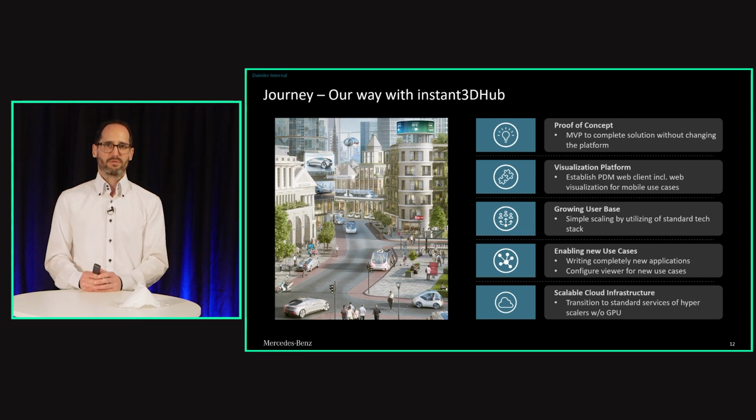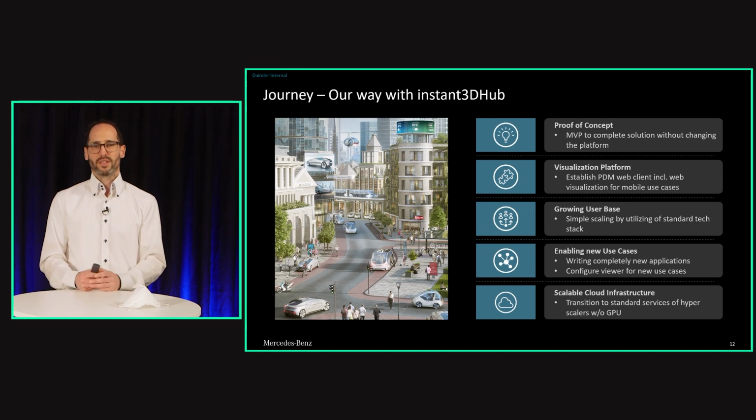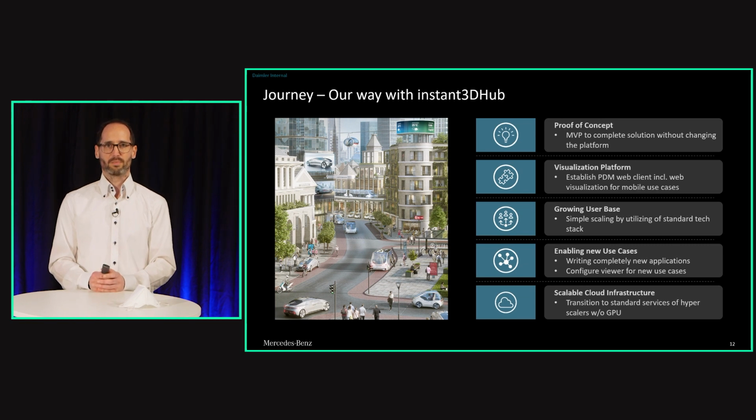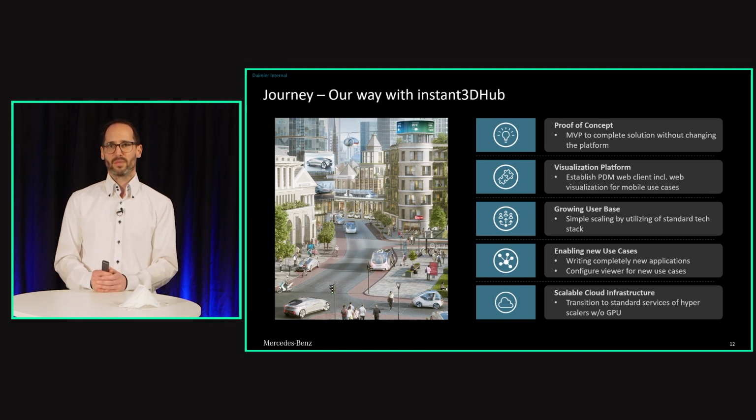And now we are in the final step where we said, okay, the next step for growing is that we do not just take the next hardware in our data center, but we will move this whole application into the cloud, because for us the next step is that we need ad hoc scaling. We need provisioning of individual hubs, and we need a lot of data to be provisioned in a short time to support these supplier use cases.